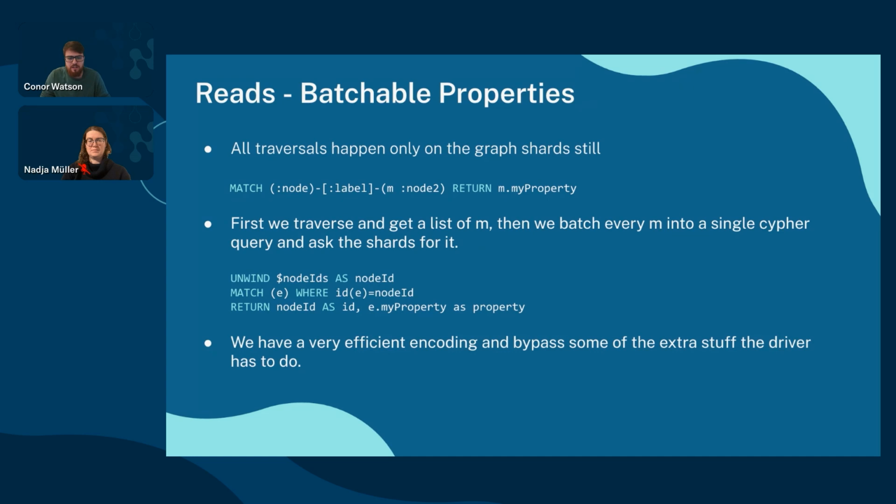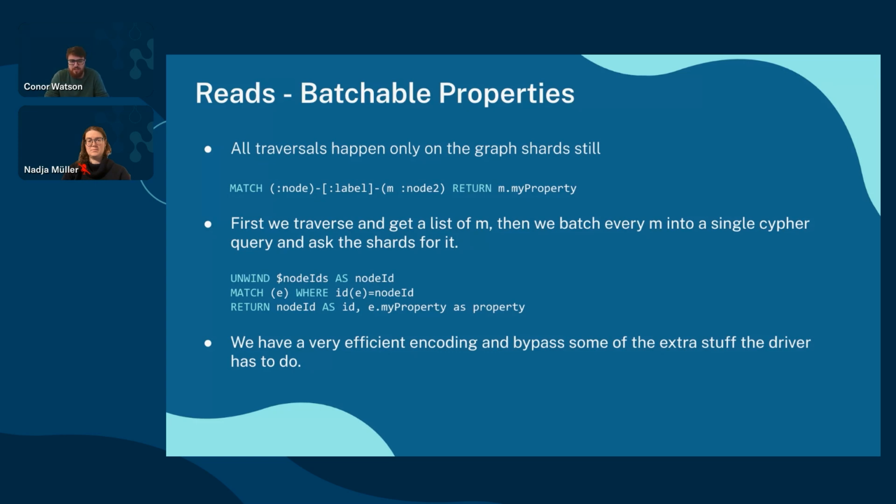Then this is where we have to start getting some properties. Here, we want to do the same query, but instead of a count, we want to return all of some property from node M. In this case, we'll do the traversal as we would before. That would remain the same. And then we batch all of the M's that you want to get from your shards.